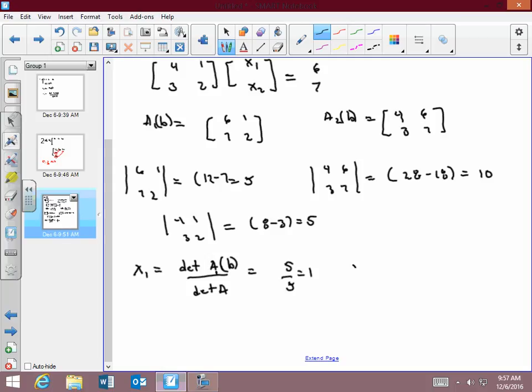And then the x2 is the determinant of A2(B) over the determinant of A. So then, these are the answers. x1 equals 1 and x2 equals 2.